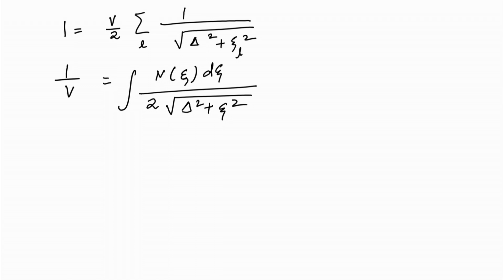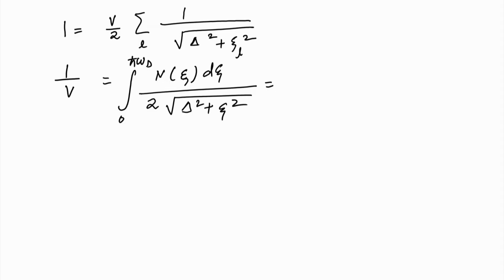Now, the integral will be from 0 to ħω_D. This is what we have said earlier. Cooper had explained that the pairs have to be formed within an energy shell of ħω_D from the Fermi surface. So, it is measured from the Fermi surface, and the detailed feature of N(ξ) is not required because this whole phenomenon is occurring at the Fermi level.